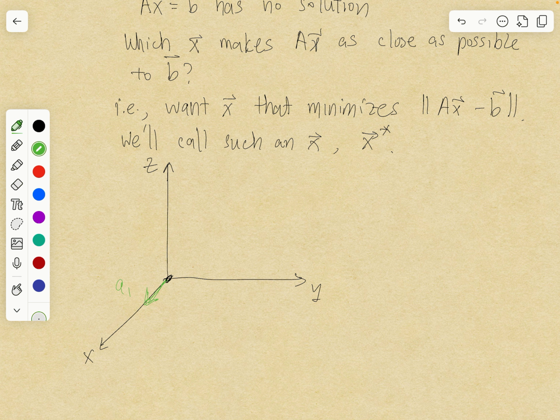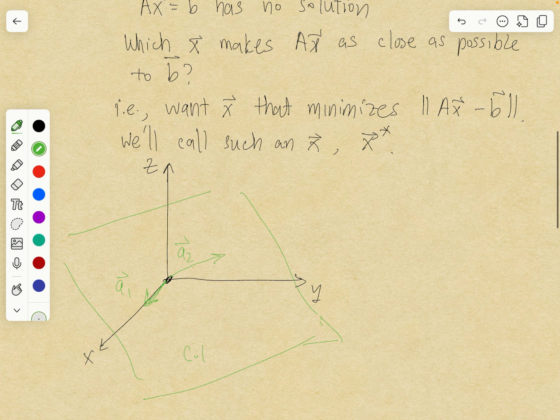And then a2 is 1, 1, 1, so that's some vector like this. So you have a1 and a2, and they span this plane in R3 that goes through the origin. And that's the column space of A.